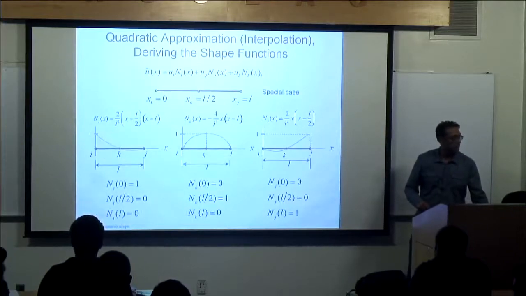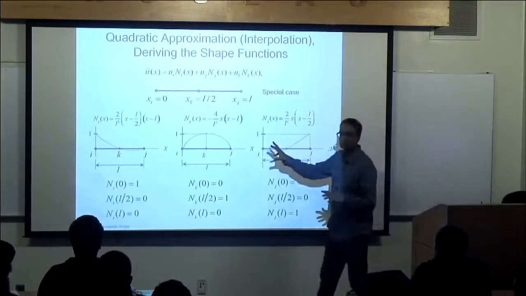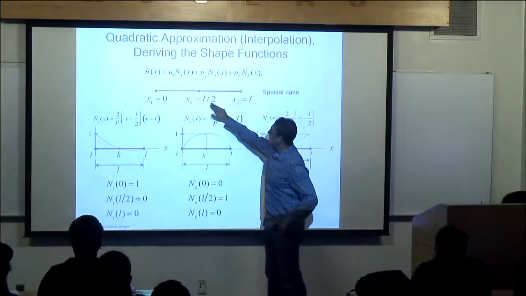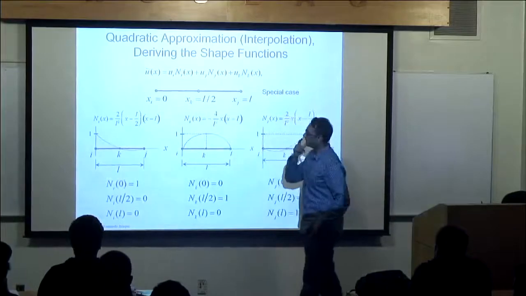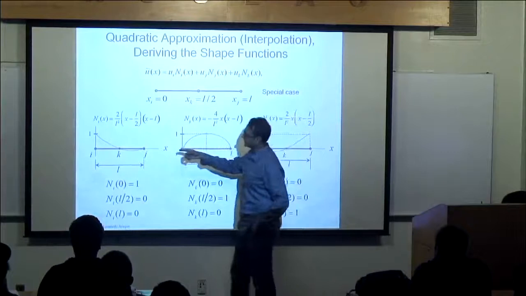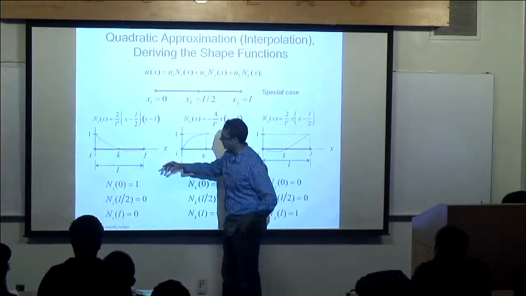So let's look at what's going on here a little bit more carefully. But let's take an example now with xi is 0, xj is L, and then I'll take a middle node, xk equals L half. Okay, we're going to do that. And so if I take this example and I plot the first one, you can see that it starts at 1, and it goes to 0 at the middle, and then goes to 0 here. That makes sense.